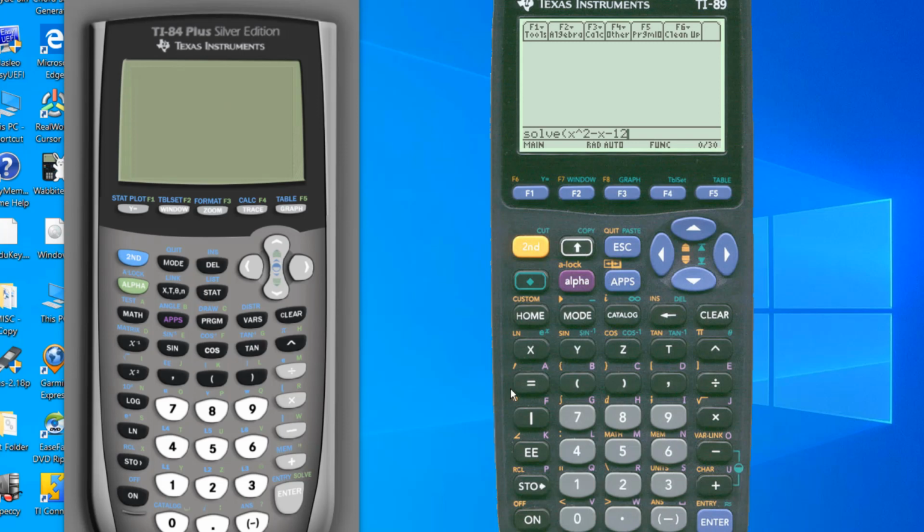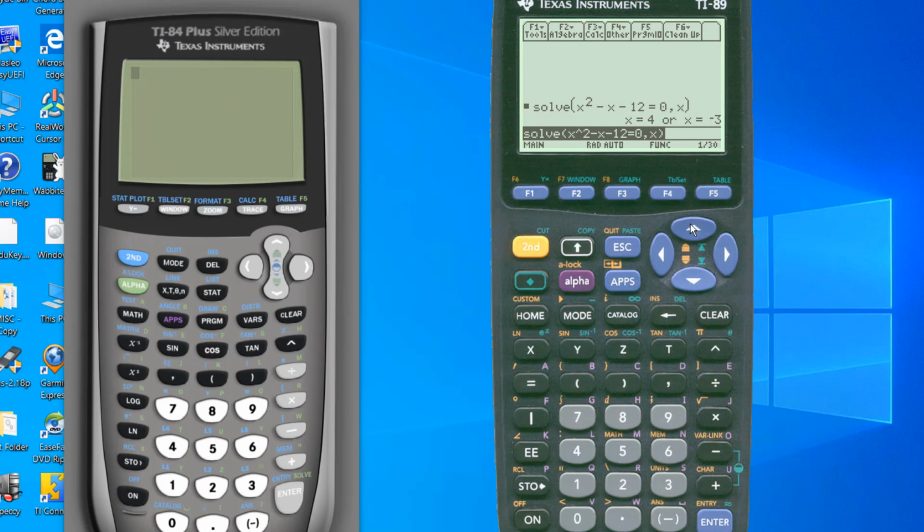The procedure is going to be the same. Let's set this equal to 0. In this one, you have to tell the calculator the variable, so put a comma here and an x, then hit enter, and it gives you the answer: x equal to 4 or x equal to -3. Okay, so that's the difference between the two calculators.